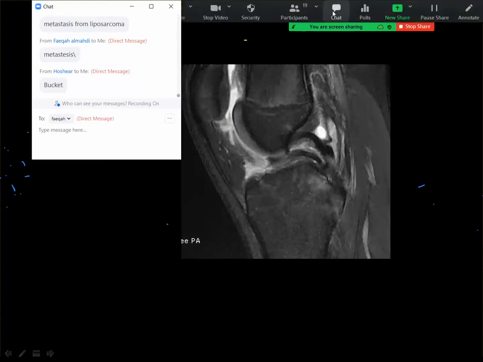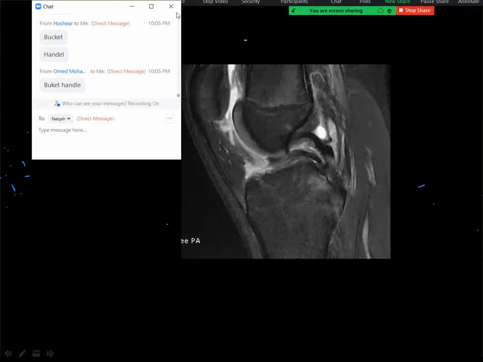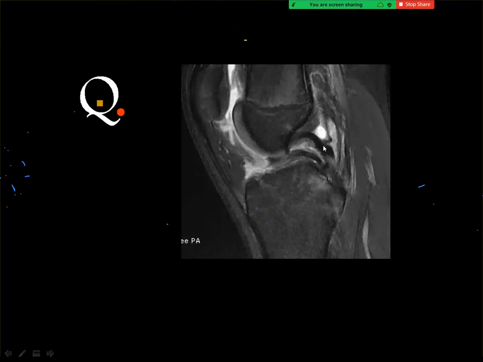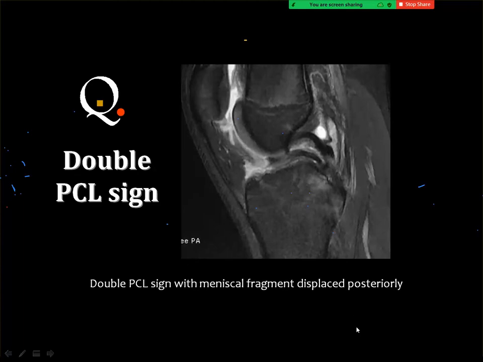Yes, and this is right. Bucket handle tear. A straightforward case with double PCL sign. And whenever you are confronted by a similar case in the spot exam, don't say that this is double PCL sign, but say that the correct diagnosis is bucket handle tear of the posterior horn of the medial meniscus.